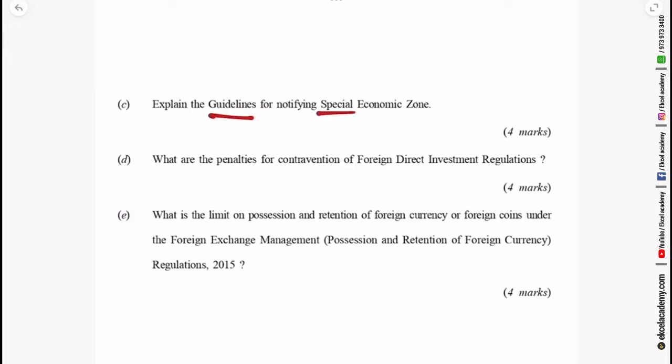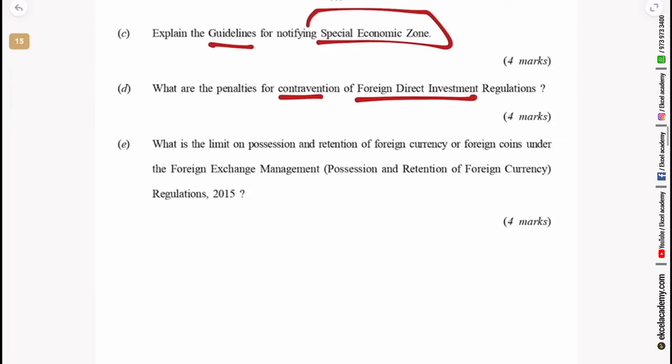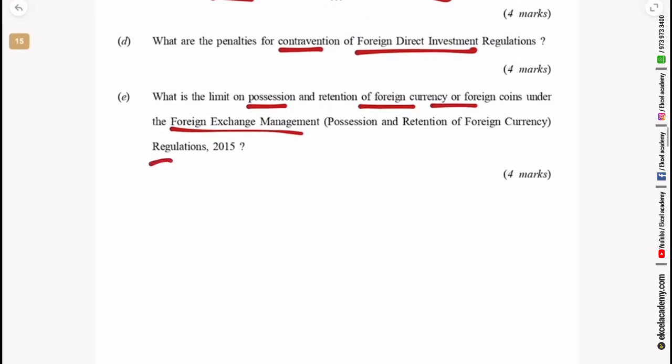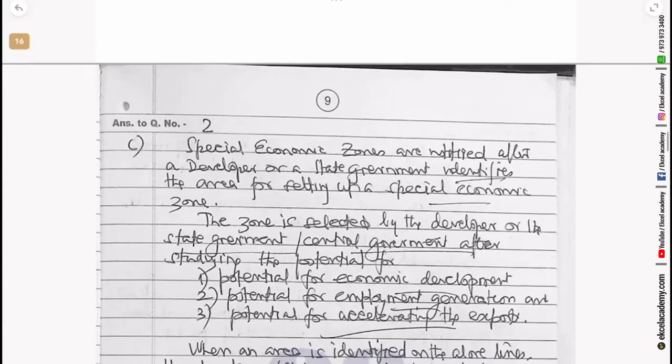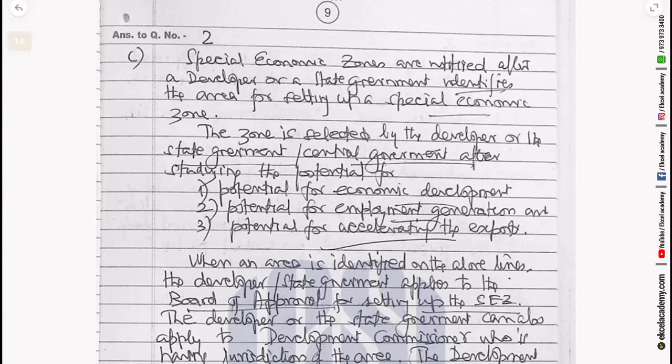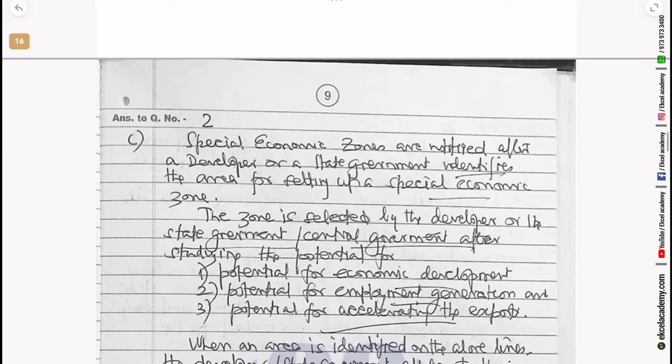Guidelines for special economic zone, penalties for contravention of FDI, limit on possession and retention of foreign currency under the Foreign Exchange Management Regulations. So these questions, as you can see, are 4 marks questions, and I will not go deep over here because you need to understand the presentation technique.